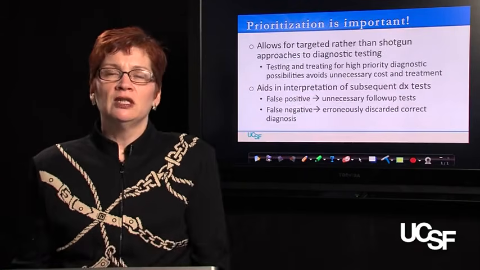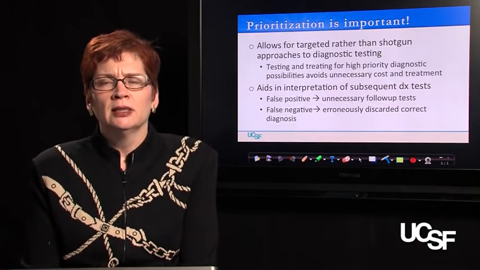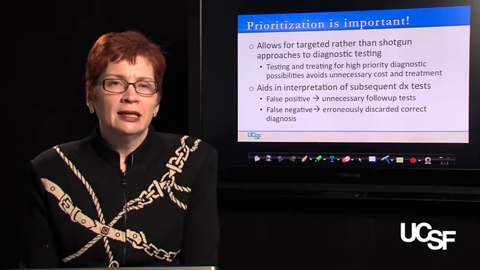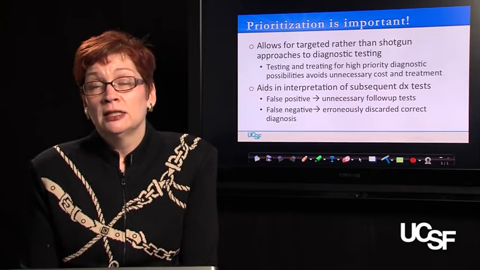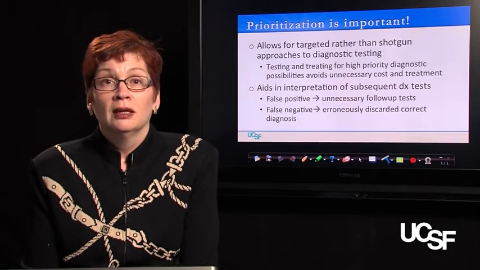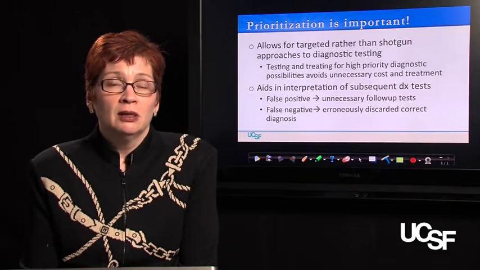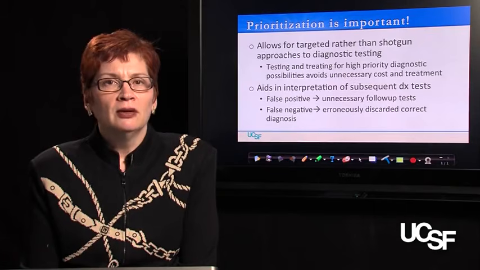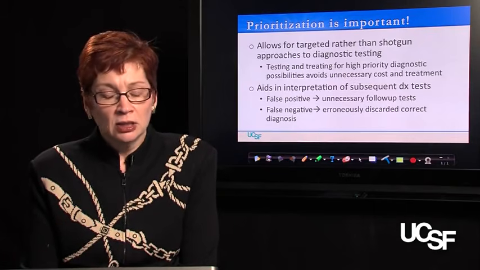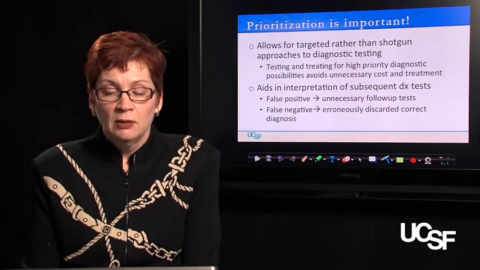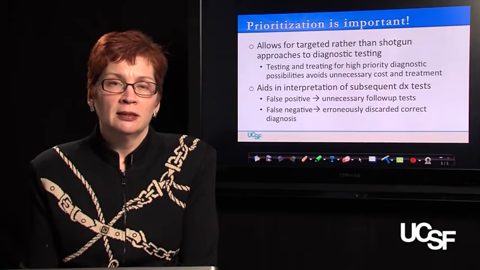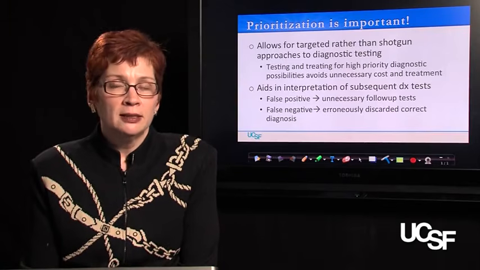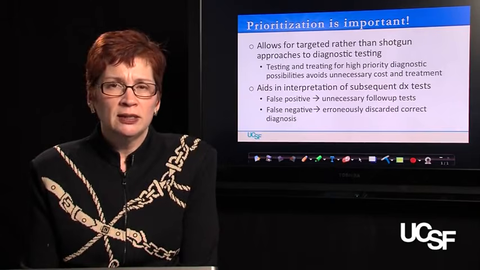Now, prioritization of the differential diagnosis is really important. Even if you started off with a list, like a mnemonically driven list such as the I've indicated list, where you say, could it be idiopathic, could it be vascular, could it be immunologic? It's important to take that list and put the most important diagnoses at the top to target rather than shotgun your approach to diagnostic testing, because testing and treating for high priority diagnostic possibilities avoids unnecessary cost in treatment and prevents wasted time.